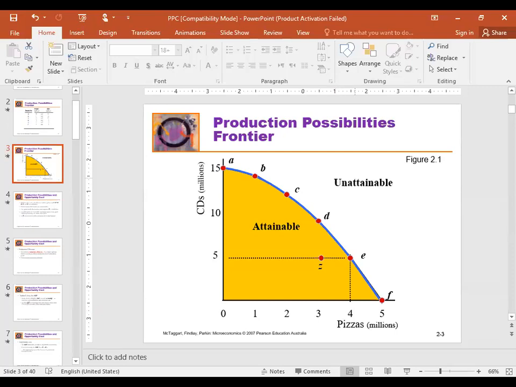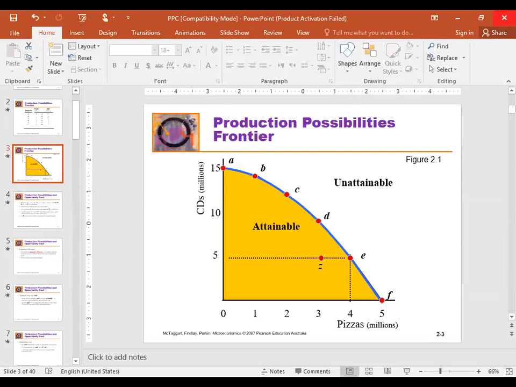What about any point outside the curve? Here we say that it's unattainable. Let's say, for example, our curve reached 6 million pizzas and 20 million CDs. Any point anywhere in this white area where it says unattainable means that Ahmed Rashwan's company is unable to reach this point because the company does not have enough resources to reach this high of a production.